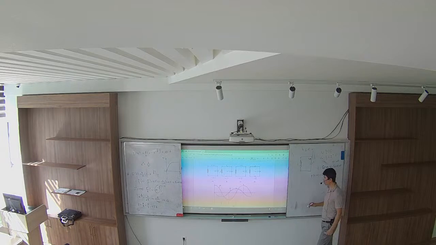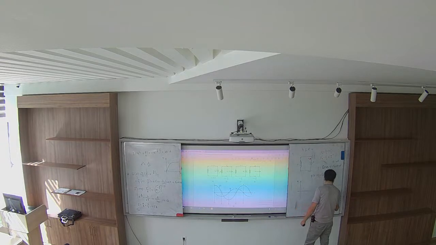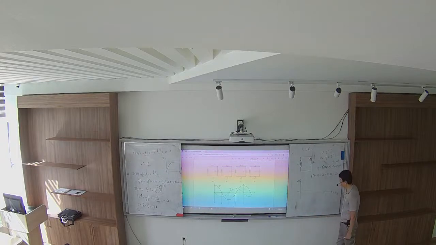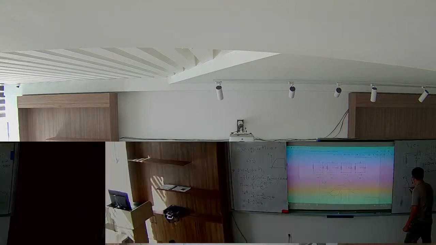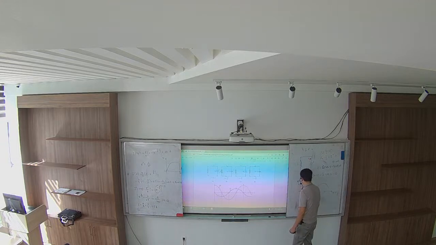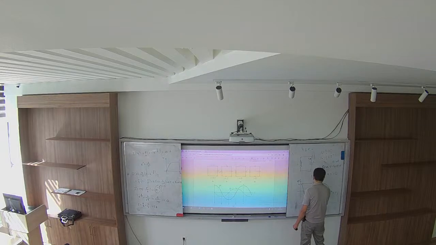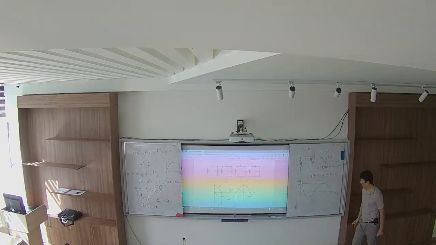Let me draw again the charge graph as a function of time. Here is the vertical axis for charge, here is the time axis in seconds, and here is the maximum value, capital Q. This is one period, one period of time of oscillation.